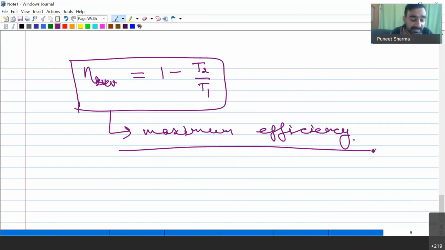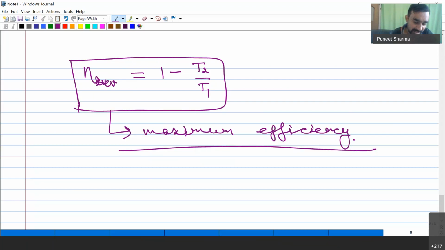Because this reversible efficiency in terms of T2 and T1 is obtained from the Carnot cycle, which considers all processes reversible, and reversible processes are idealized processes which produce maximum work in work producing devices and consume least work in work consuming devices.